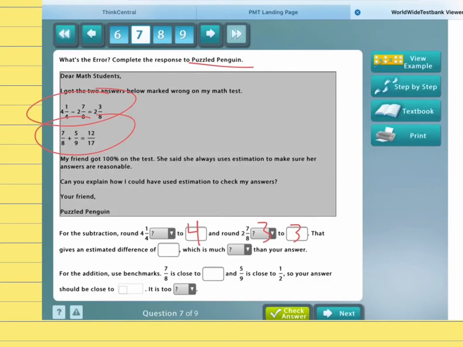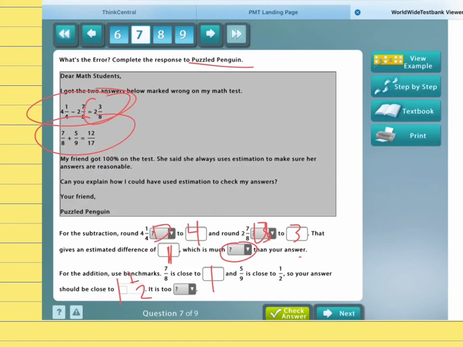So you should have rounded this one down here, up here, and should have a difference of about 1, which is much lower. This answer is lower than his answer. He said the answer was 2 and 3/8. For using benchmark fractions for 7/8, you would have rounded that one up to 1, and 5/9 you would have rounded to a half. So your answer should have been close to 1.5.